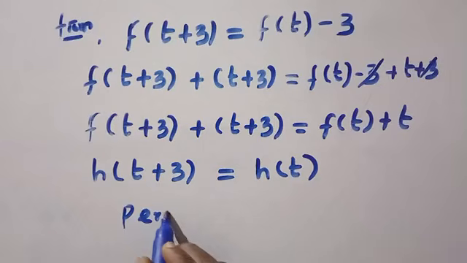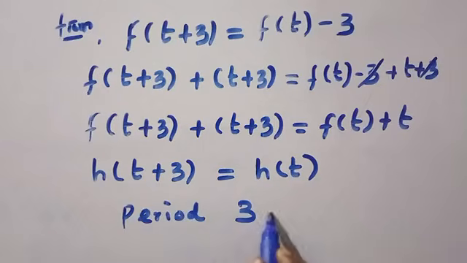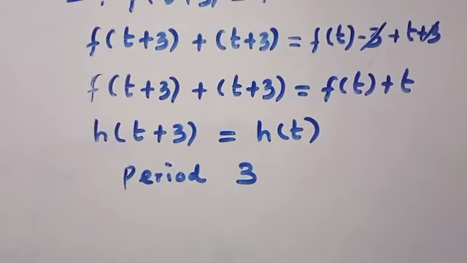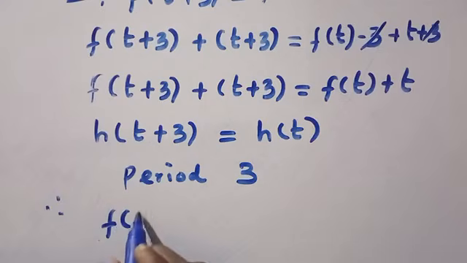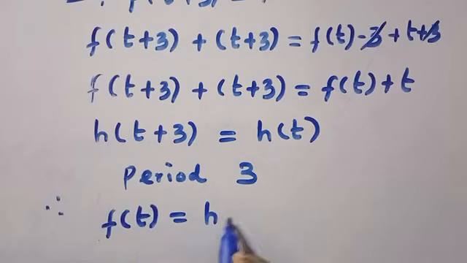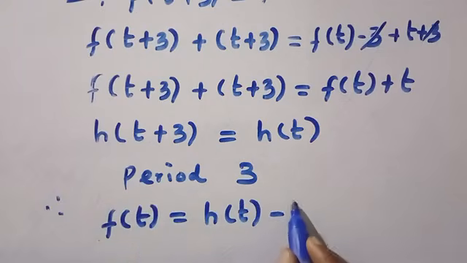So generally, if you let h be any function with period 3, then we are going to have f of t equals h of t minus t. So our f of t will be equal to h of t minus t.